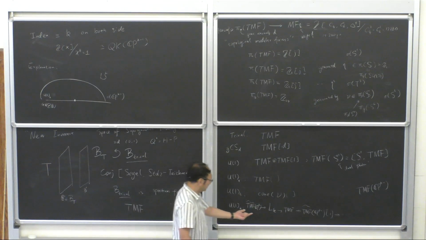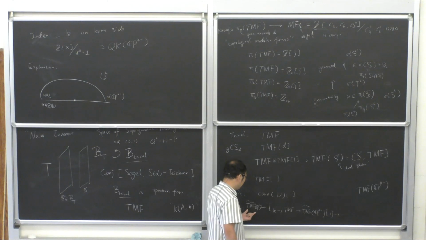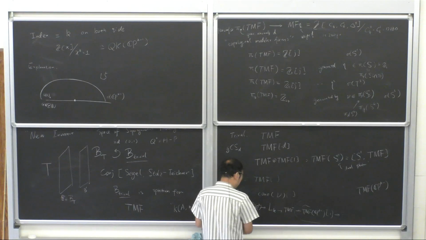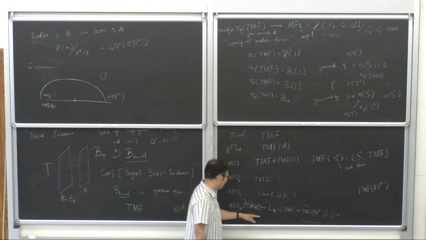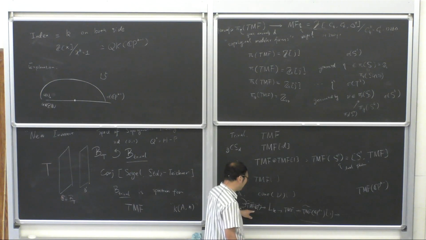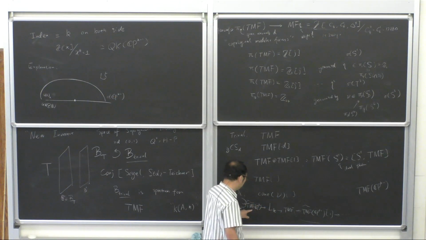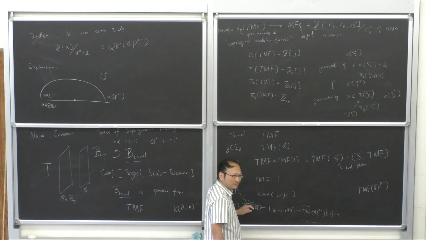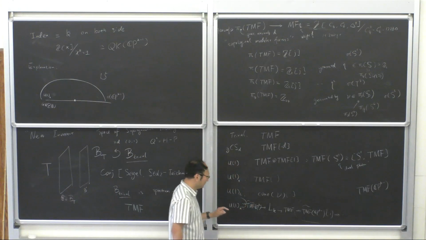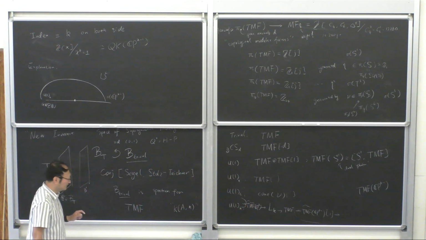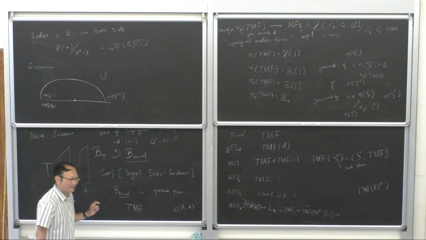So if one ignores this and also this, they have the same index. Because this is K minus one dimensional, this is one dimensional. This is a reduced version. So any other question?